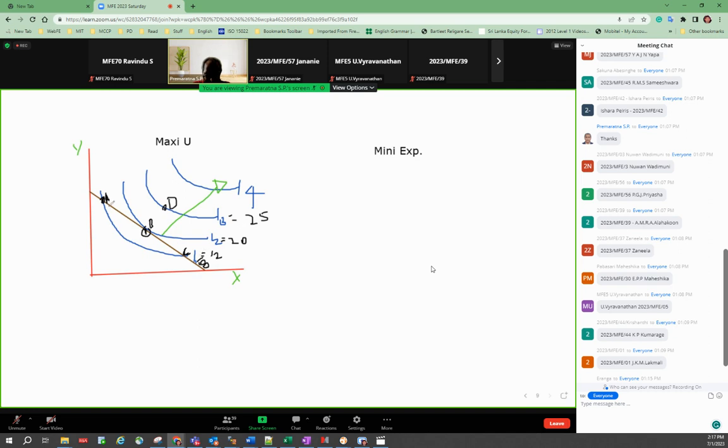So A, B, and C, though they expend the same amount of dollars, at A and C they get the level of satisfaction, let's say utility, only 12. But spending 100 at point B, they get the utility 20. That way, the rational consumer definitely selects this point.